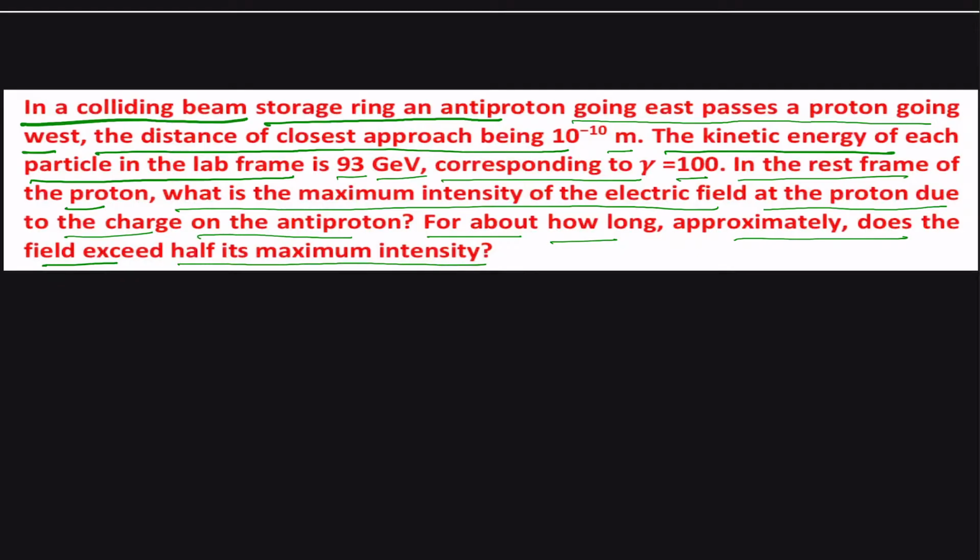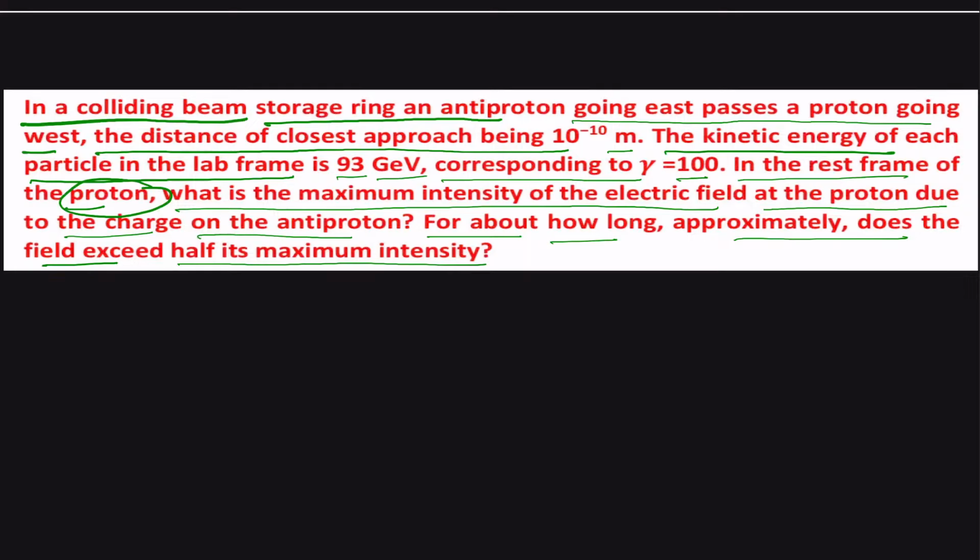So in this case, we have two charges, one is proton and the other one is antiproton. And the basic calculation which we are going to solve is for the rest frame of the proton. So everything should be with respect to the rest frame of the proton.